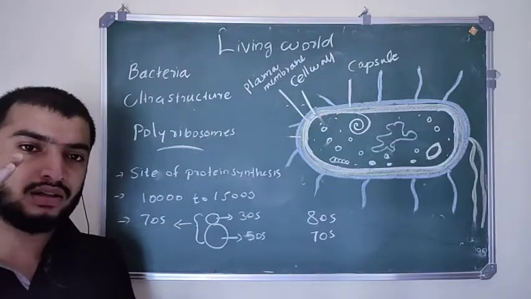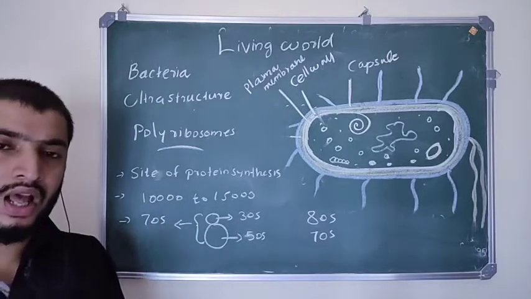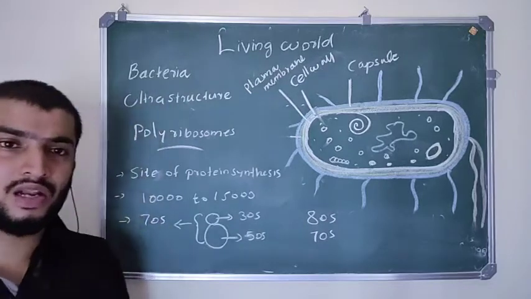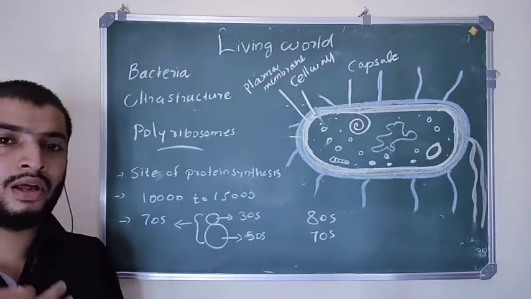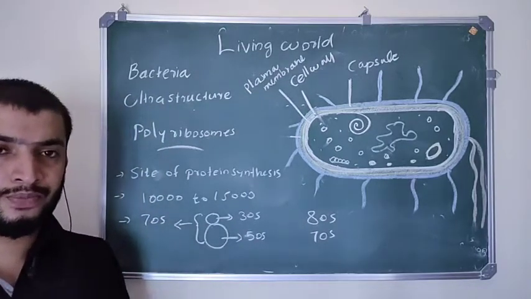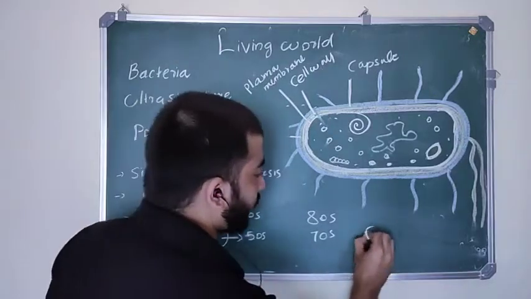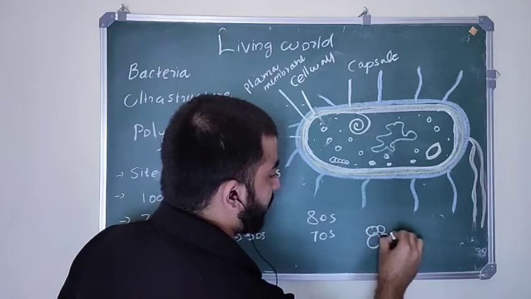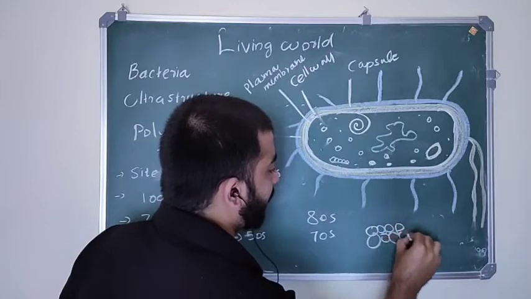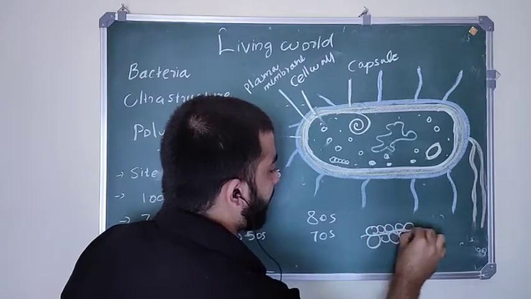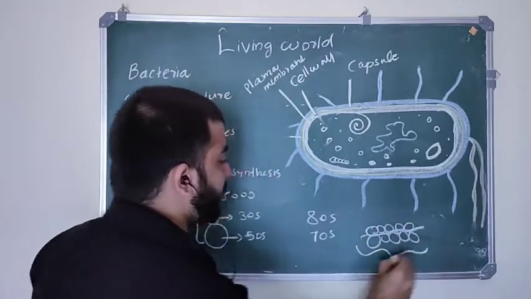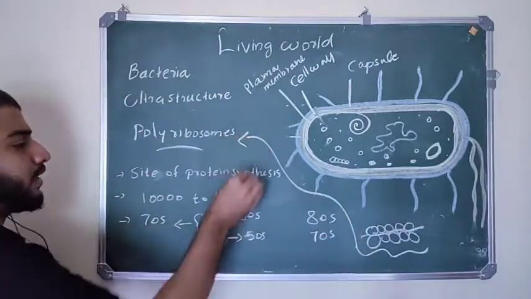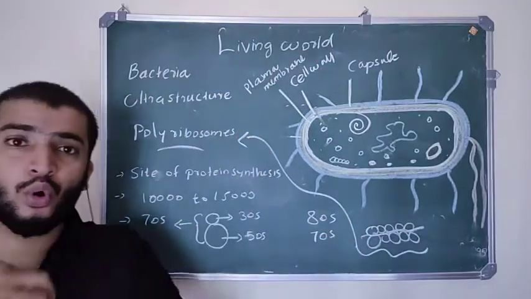They are the site of protein synthesis, and the number of ribosomes in a bacterial cell also varies. It may range from 10,000 to 15,000. If many ribosomes are held together by mRNA, this complete structure is called a polyribosome. What does polyribosome mean?